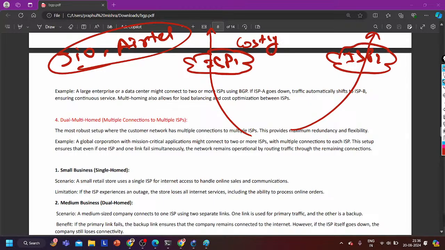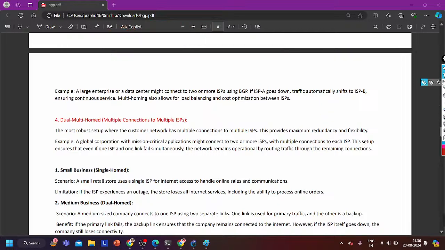Maybe Airtel is costlier than Jio, but Airtel is more reliable than Jio. So I can use both ISPs, but Airtel only for the critical traffic. And BGP is the only routing protocol which will allow you to configure a scenario like this.